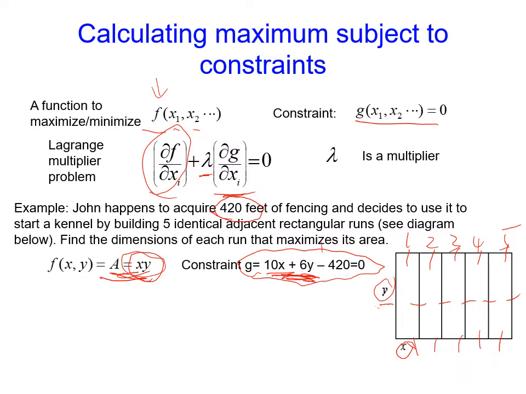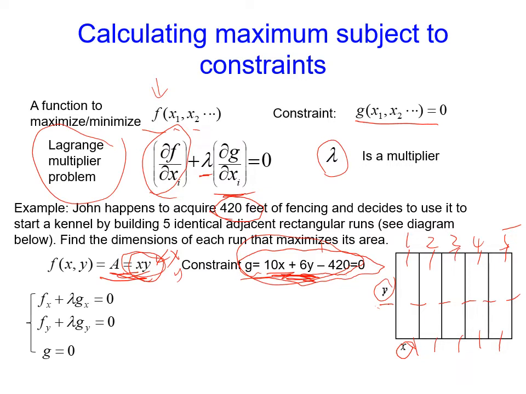So according to this Lagrange multiplier problem, we need the partial derivative of this function over x and over y, plus the multiplier times the constraint function's partial derivatives over x and y. So here is the function. Partial derivative for x. Now partial derivative means you assume other variables are constant.